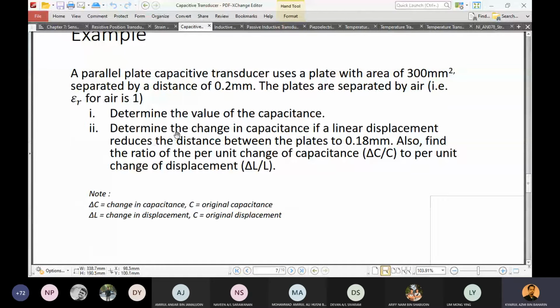First determine the value of capacitance. Then determine the change in capacitance if a linear displacement reduces the distance between the plates to 0.18. That means the original space D is 0.2, changed to 0.18. We also need to find the ratio per unit change of capacitance.